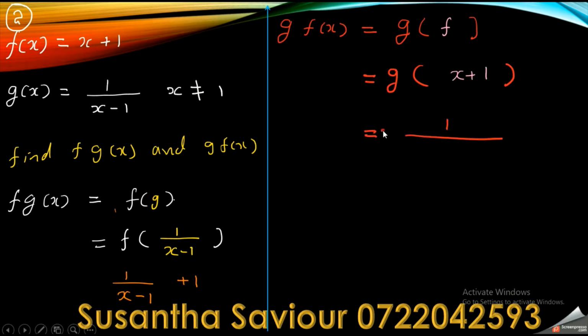That means 1 over, instead of x you write x plus 1, and this minus 1 is there, right? x plus 1 minus 1, that is 1 over x. Therefore g(f(x)) is 1 over x. Is it clear? g(f(x)) is 1 over x.